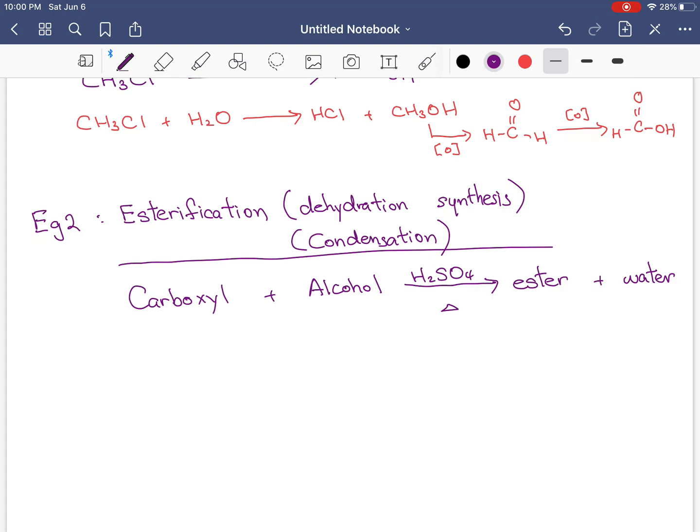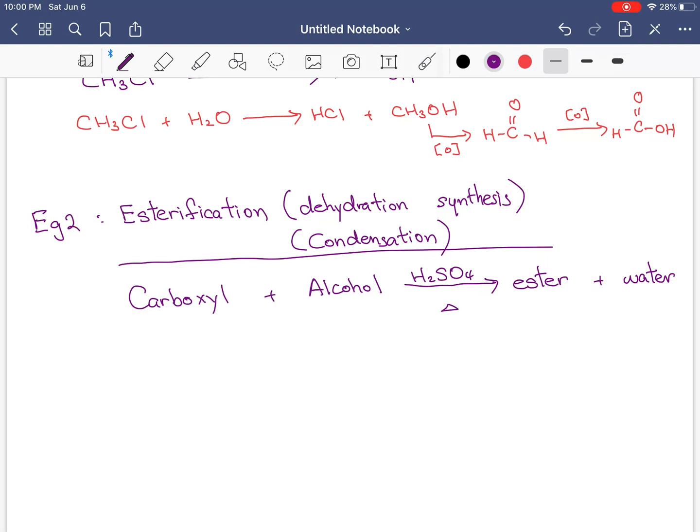So that's the general reaction. Esters are quite important in the chemical industry. And obviously something that we're going to do as a lab. We're going to give you a bunch of carboxylic acids and a whole bunch of alcohols, and your job is to mix and match different carboxyl and different alcohol together to form different types of ester.